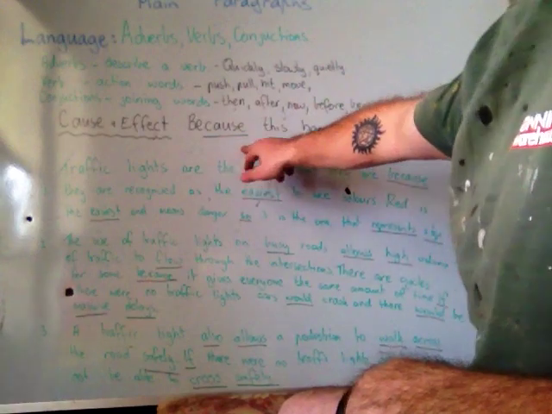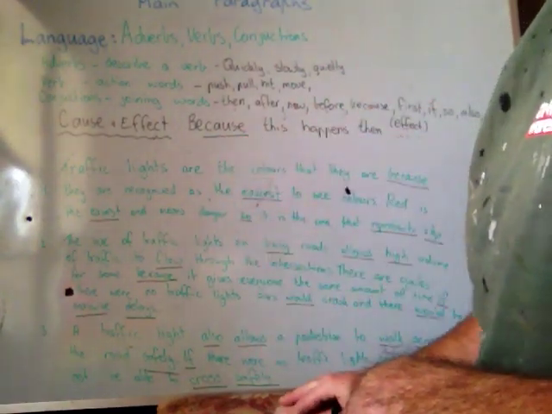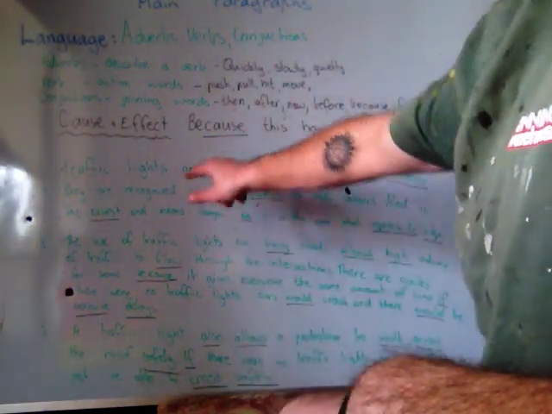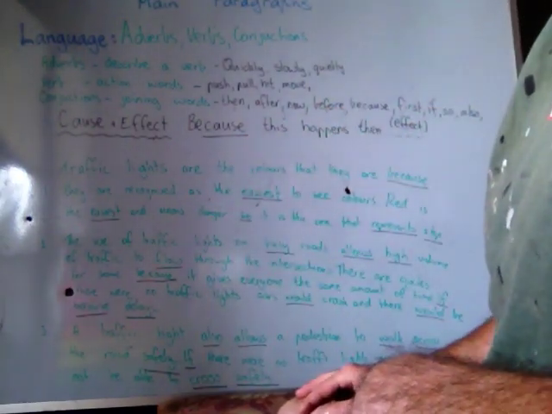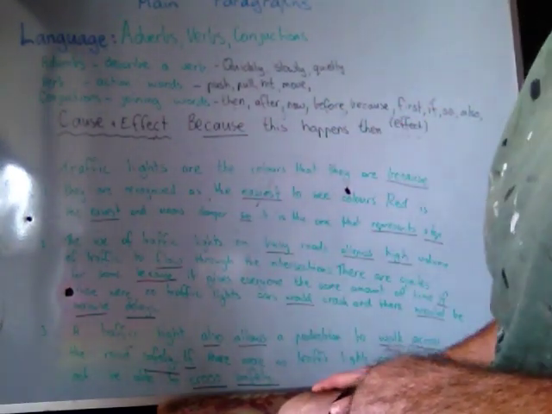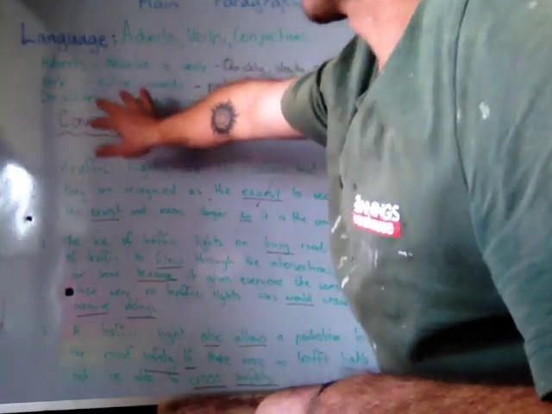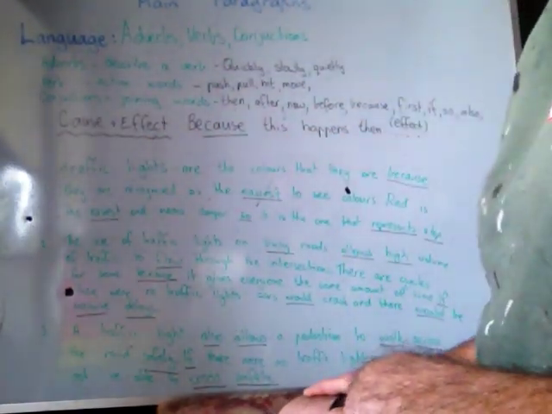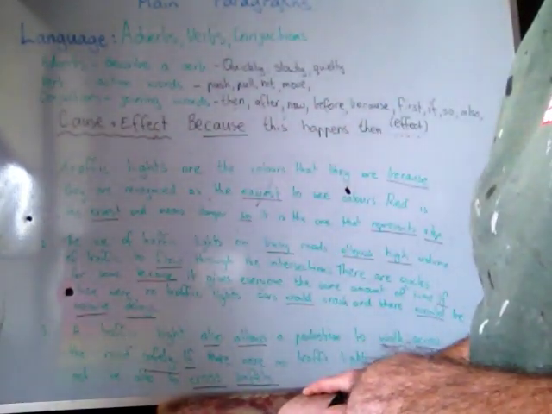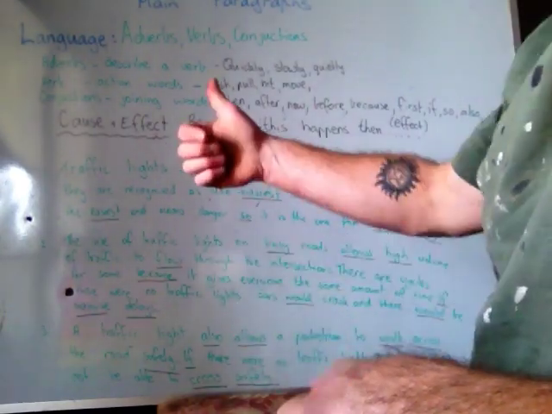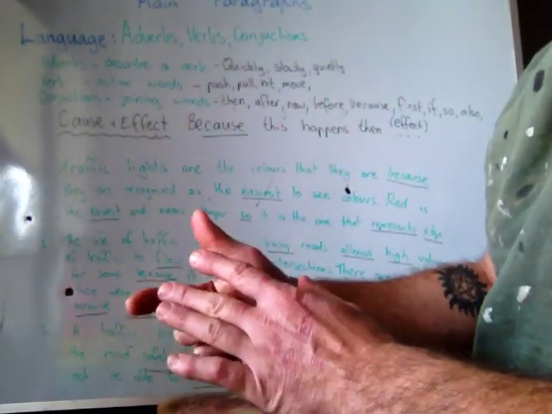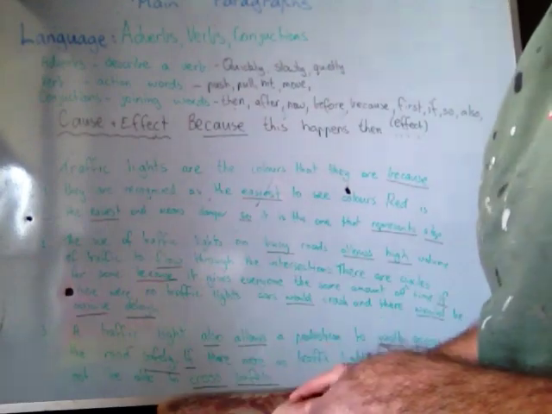If you're not using because, you're probably not writing a good explanation report. So because something happened, then an effect happens from it. That's the language part of the explanation text that you need to really focus on. Just to quickly recap: adverbs, verbs, conjunctions, and cause and effect.